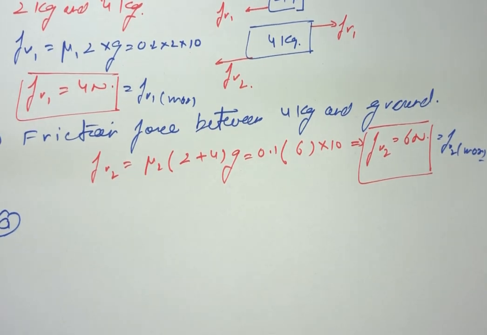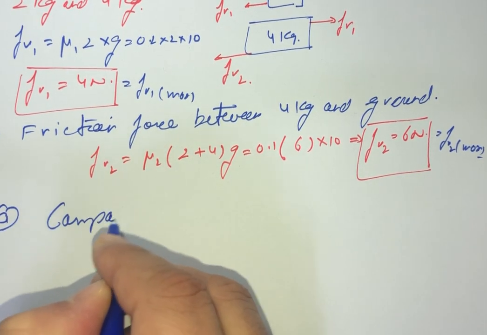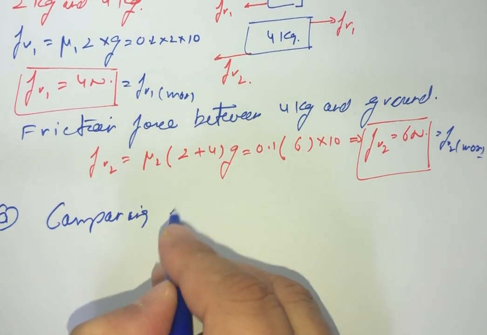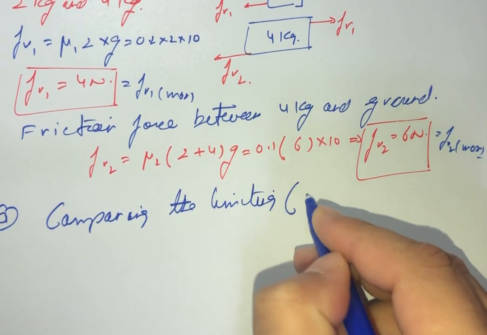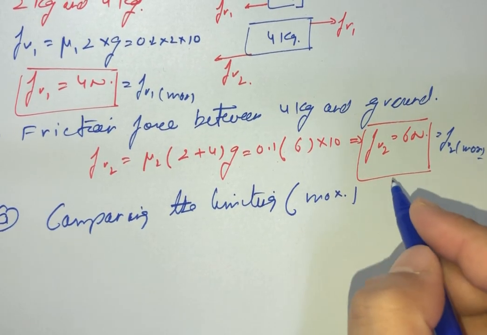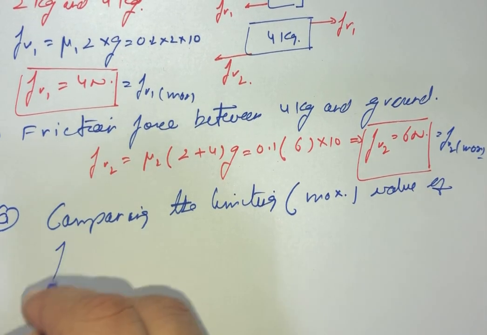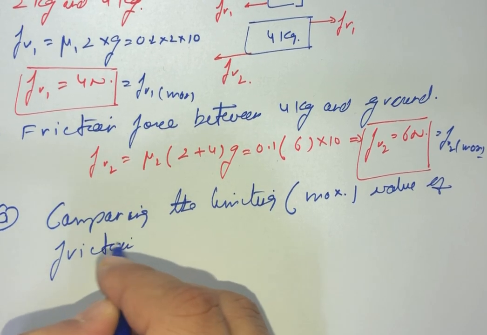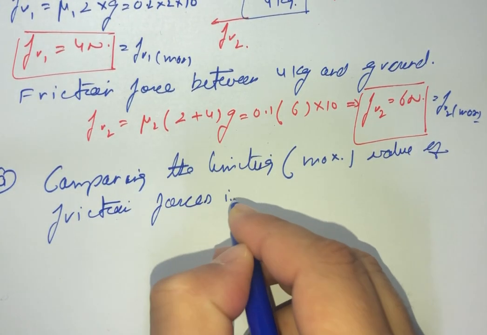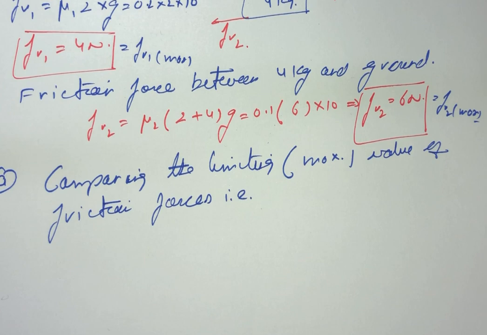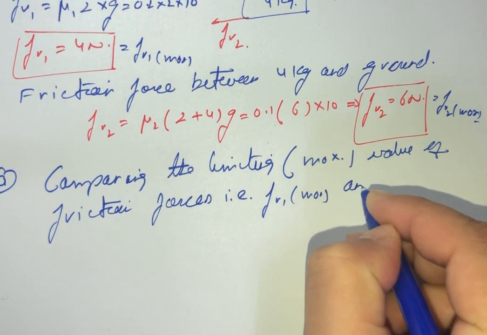Comparing the limiting or maximum value of frictional forces, that is Fr1 max and Fr2 max.